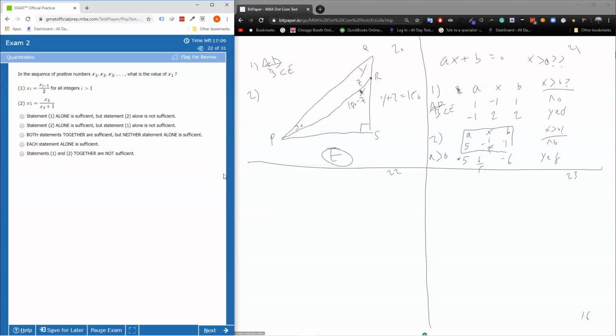In the sequence of positive integers, x1, x2, x3, what is the value of the first number? x_i is equal to x_(i-1)... Is that a subscript? It's hard to tell.